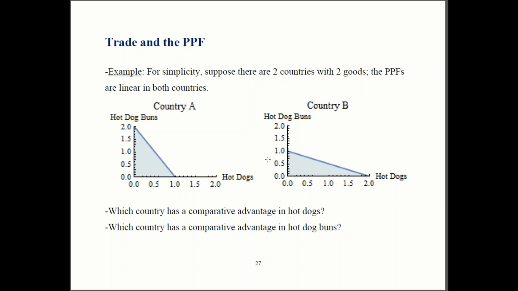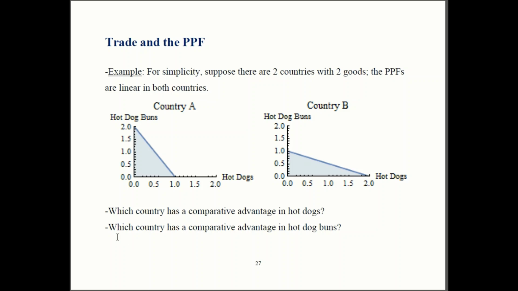So what we've established is that to make 1 hot dog, in country A, you have to give up 2 buns. In country B, you only have to give up 0.5 buns. So country B is giving up less to make a hot dog. They have the lower opportunity cost, and therefore country B has the comparative advantage in hot dogs.